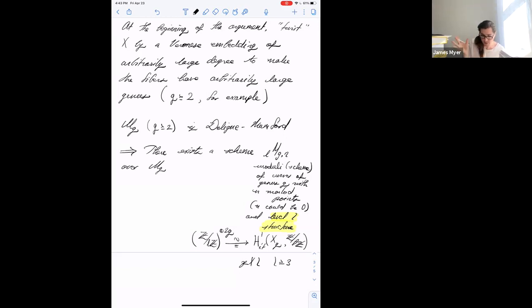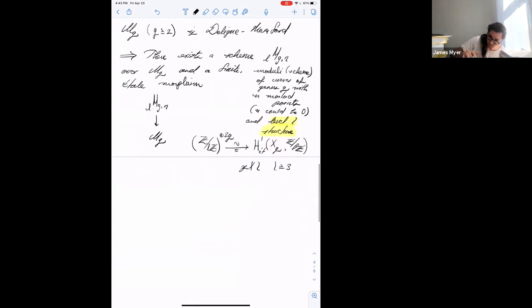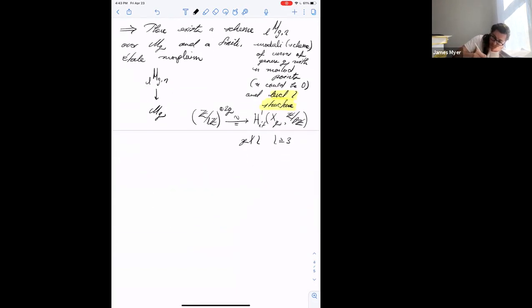The point is that there's some scheme, and a finite étale morphism which goes from this scheme onto the stack. Remember, always g is greater than or equal to 2, or else this is not really true.